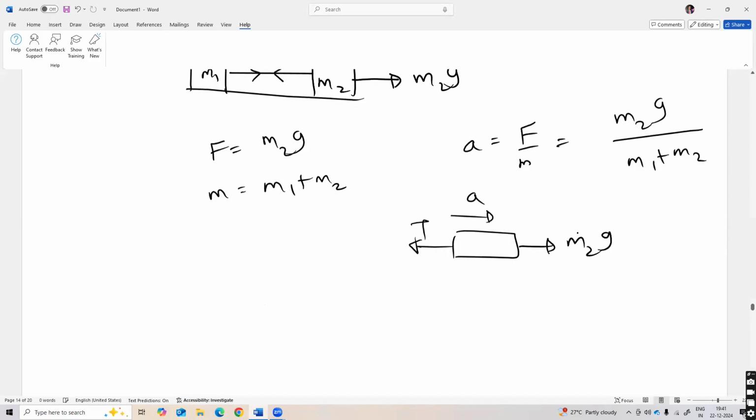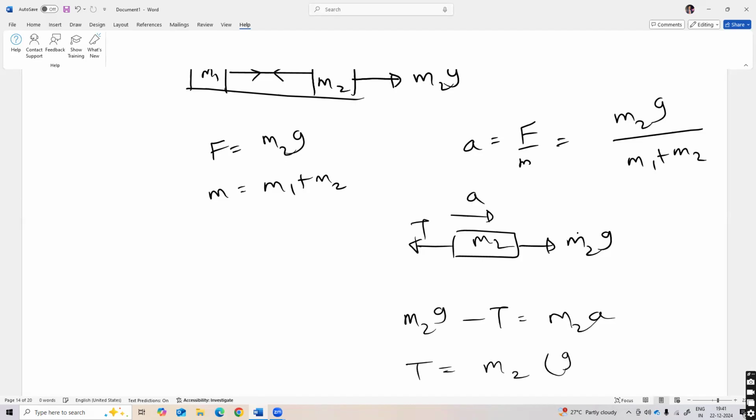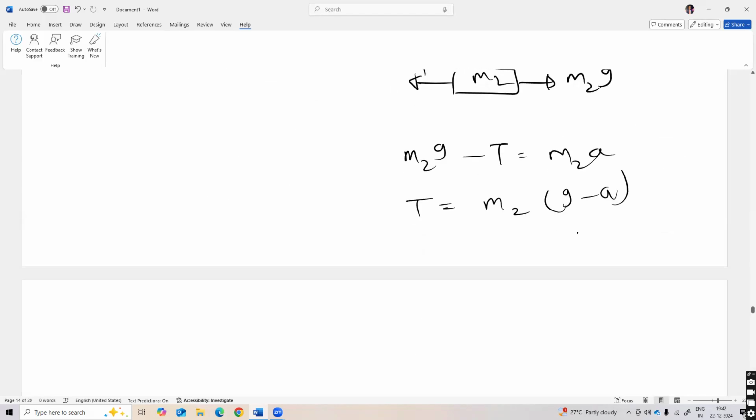Since it is moving towards the right, we will consider forces to the right as positive. So m2g minus T is equal to m2 into a, and so T is equal to m2g minus m2a. Now if we put a as m2g upon m1 plus m2, we get m2g minus m2 into m2g divided by m1 plus m2.